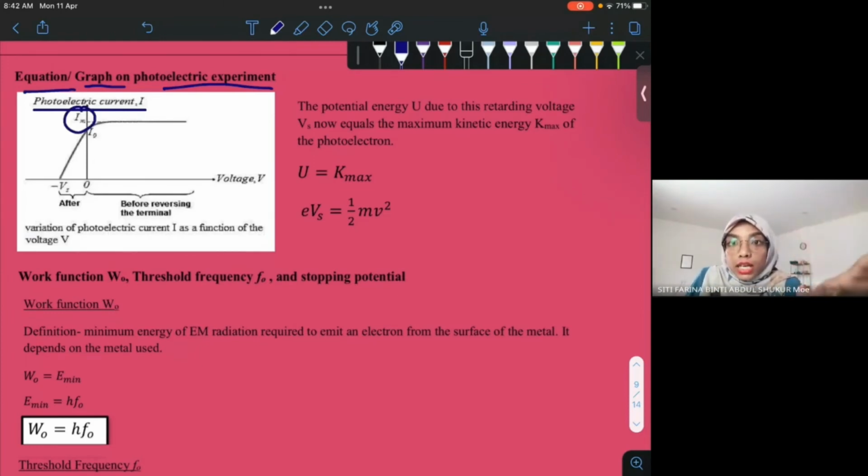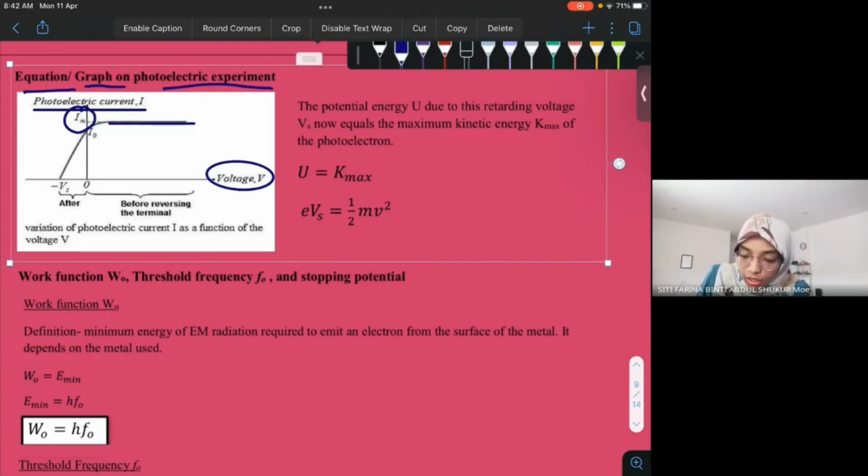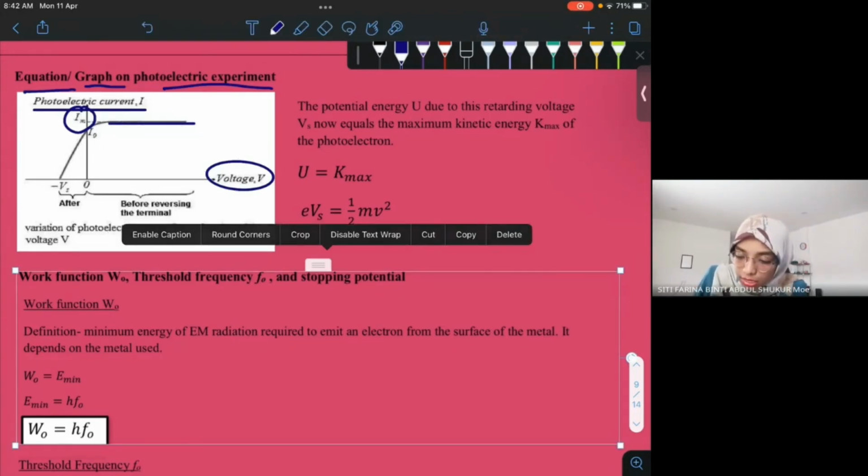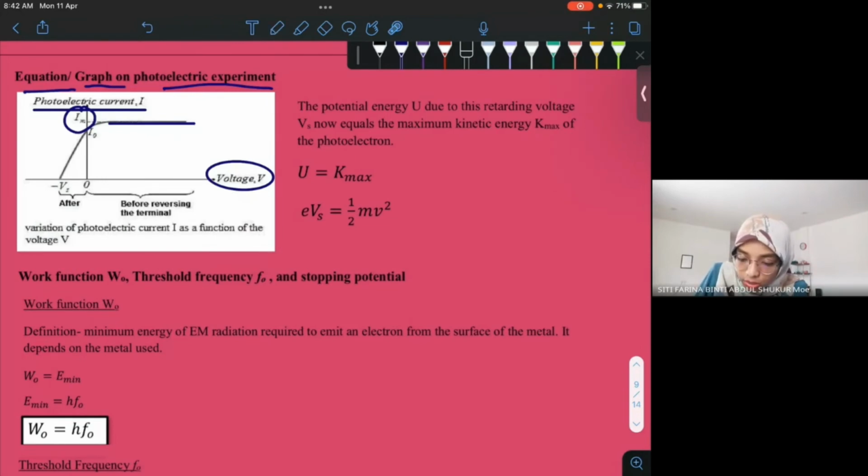Okay, saturation current dekat sini adalah where you have all the photoelectron have already reached the anode. Okay, your current has stopped increasing. At this particular point, your potential here is a positive potential. Okay, kalau kamu tengok pun dekat sini, bila kita lukis current dekat sini, according to this graph here, your current here is on the positive side of the voltage.